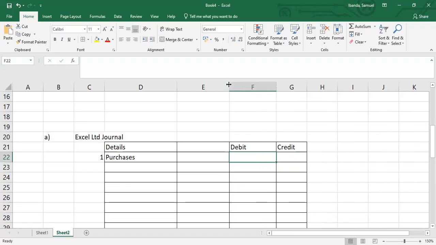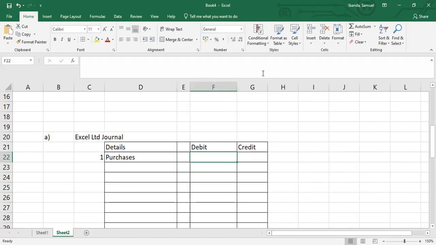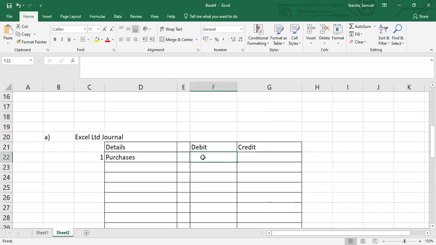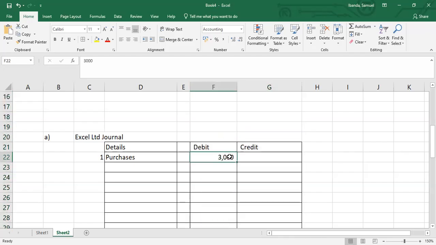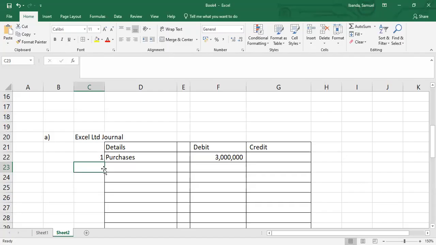This column is a bit narrow, let me just reduce it. I'll use the whole 3 million since I have space. So I'll definitely debit by 3 million.